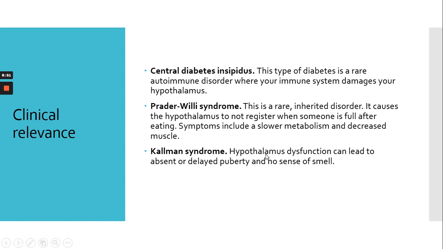And the last one is the Coleman syndrome, which is again a hypothalamic dysfunction, which can lead to delayed puberty, or no puberty at all, and there's no sense of smell. So from this syndrome, you can have an idea that Coleman syndrome is probably due to some dysfunction or absence of the GnRH hormone from the hypothalamus.